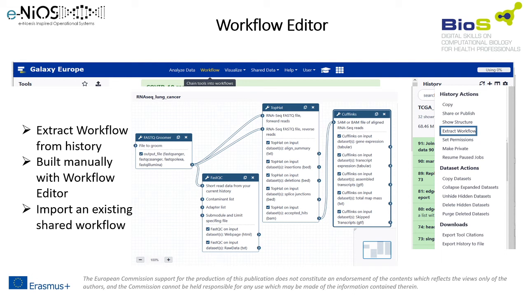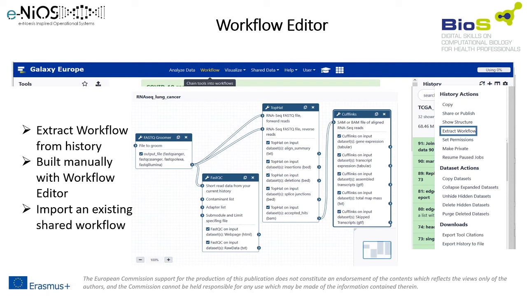just by clicking on the gear icon at the top of the history panel and choosing Extract Workflow from the History Options menu. You can also build workflows by hand using the workflow editor as depicted in the center of the slide.